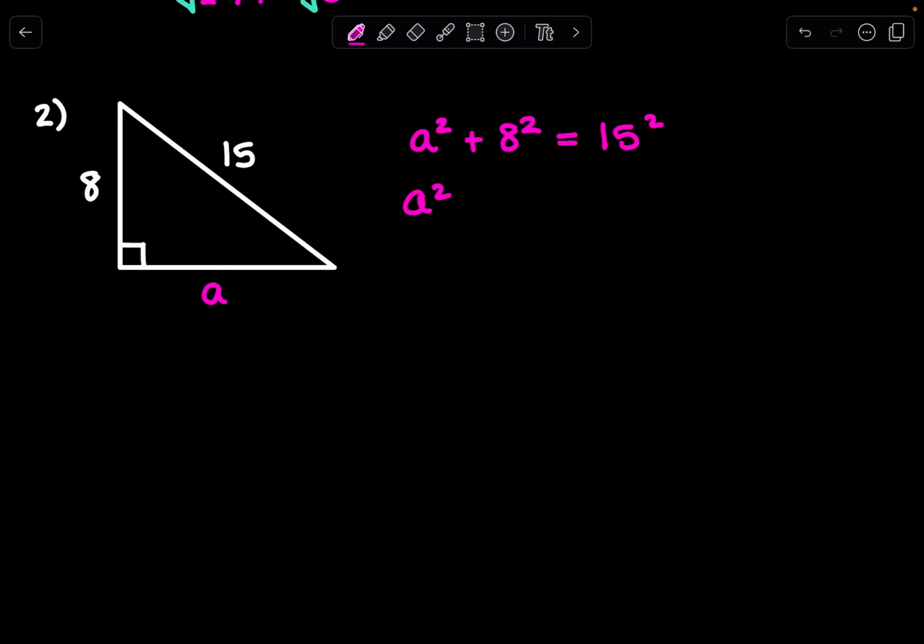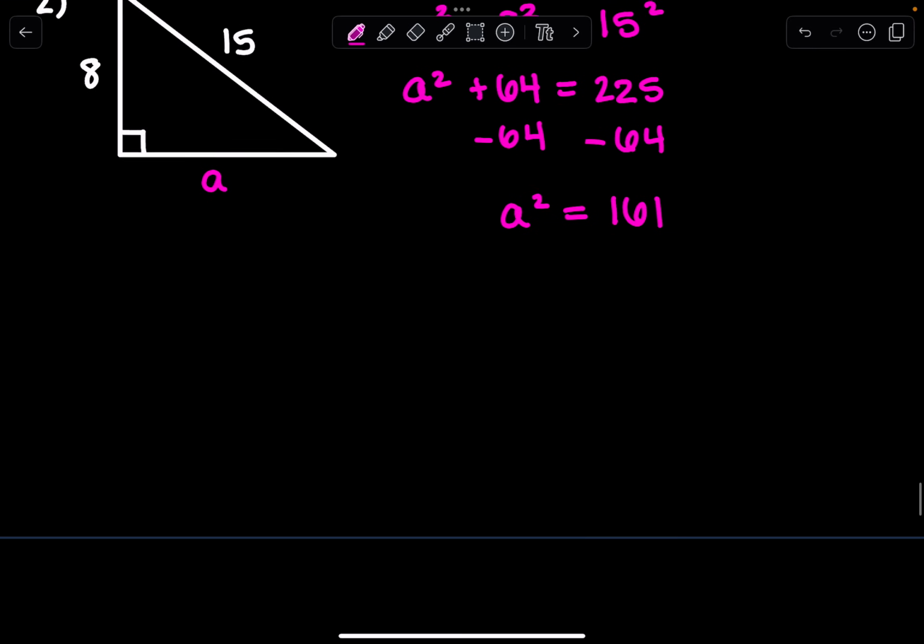So I've got A squared plus 64 is equal to 225. Take that 64 away. So a squared is equal to 225 minus 64 is 161.